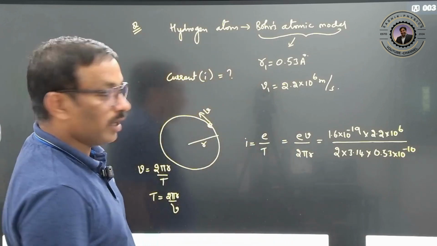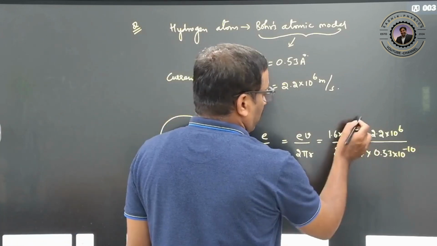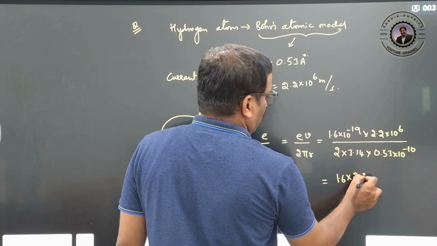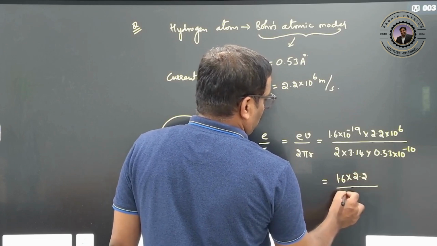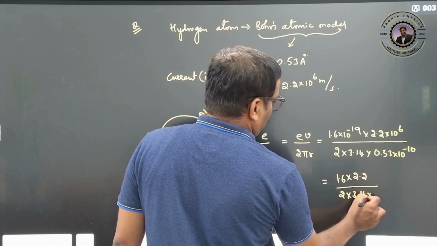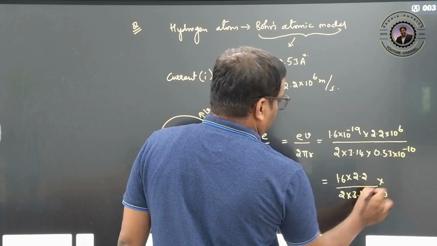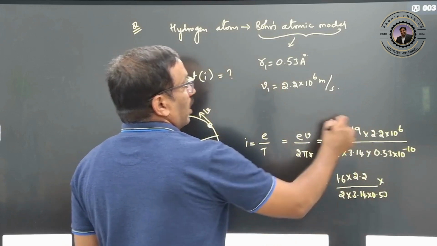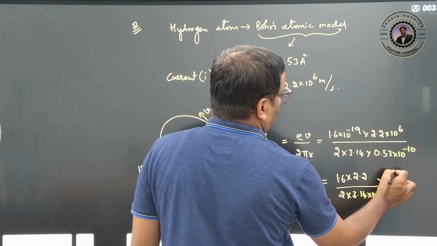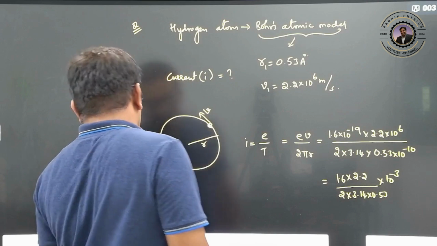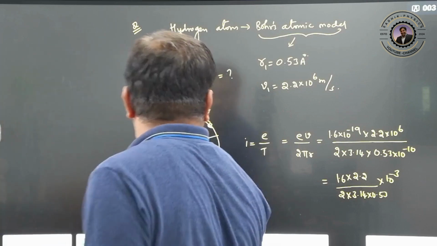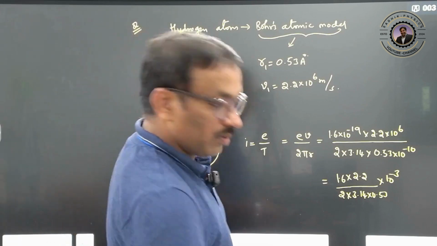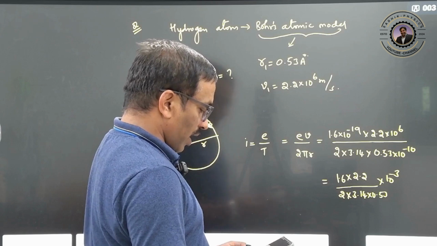So here I can rewrite it, taking 10 to the top: 1.6 into 2.2 divided by 2 into 3.14 into 0.53 into 10 to the power of minus 9. So it is plus 3, therefore 10 to the power of minus 3. We will see this calculation; for approximation we could do it quickly, but we will go for the accurate value.